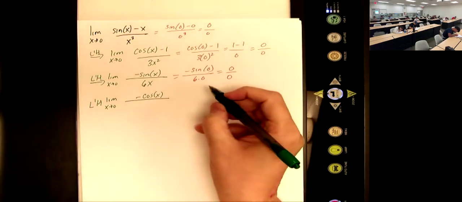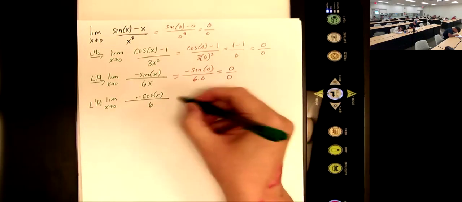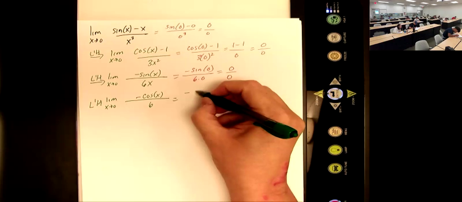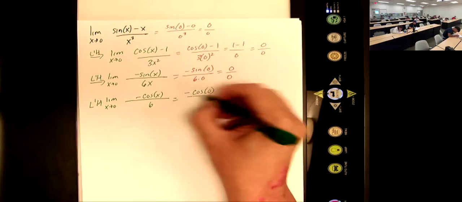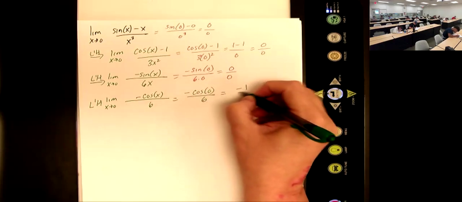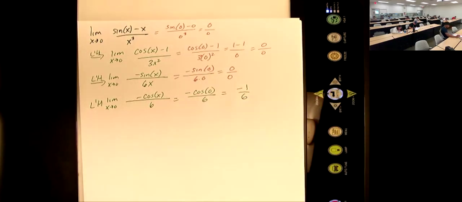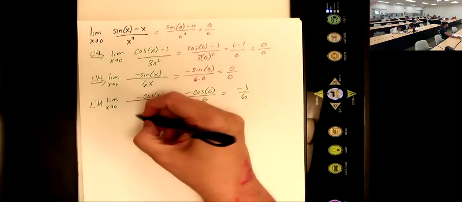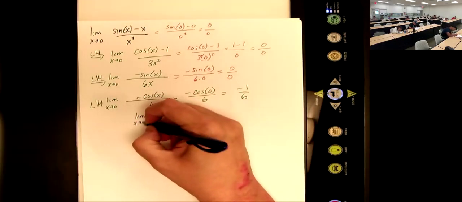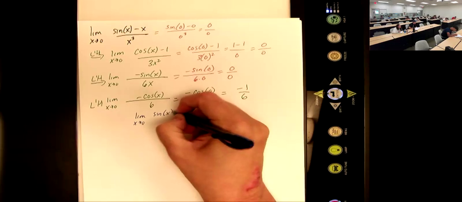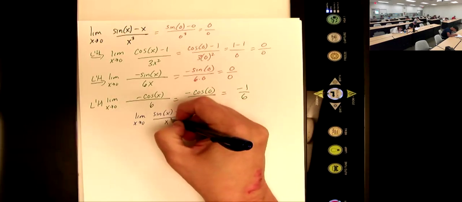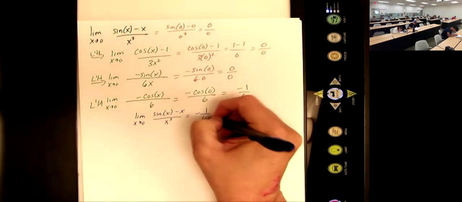What's the bottom? 6. And now we stick in 0, and we get negative 1 over 6. Which means going all the way back up to the top, the limit as x goes to 0 of (sine x minus x) over x cubed is negative 1/6.